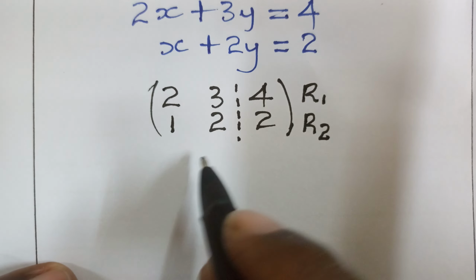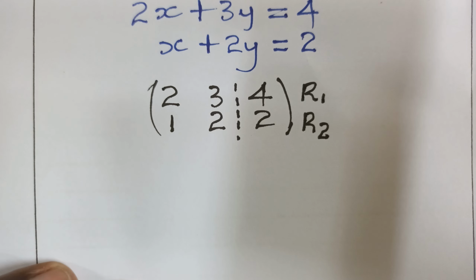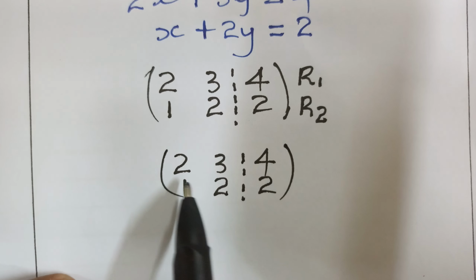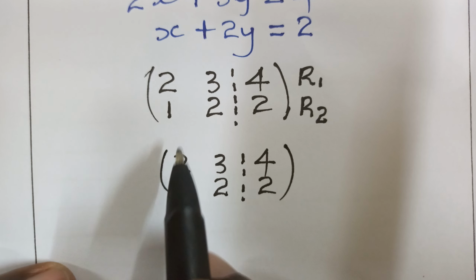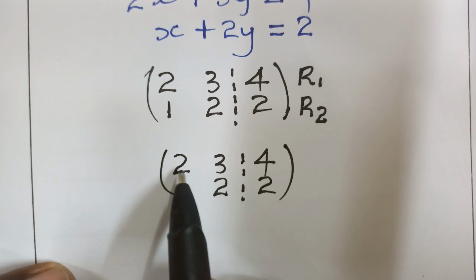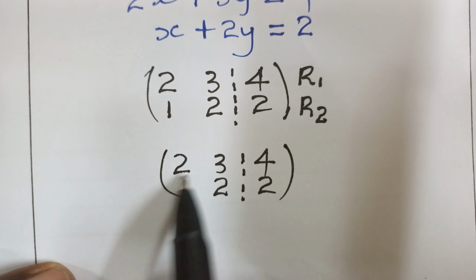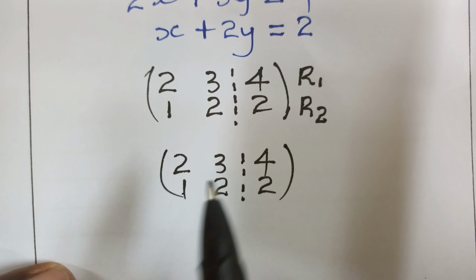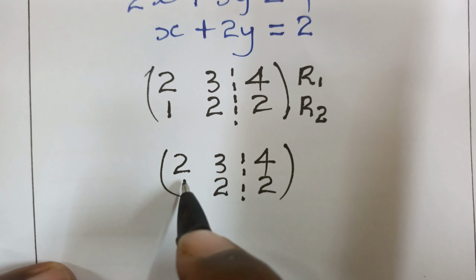And so I will say, let me just write the matrix again. And so guys, here is our matrix. What we are going to do is to eliminate 2 or 3 or 1 and 2, that is, to make this to be 0, or this to be 0, or on the second row one of them to be 0.